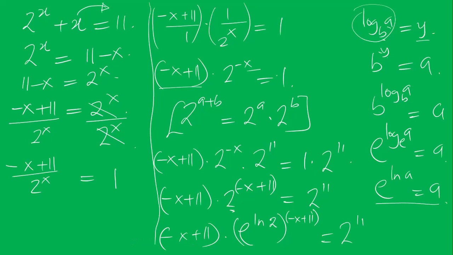So now we have minus x plus 11 times e to the power natural log 2 times minus x plus 11 equal to 2 to the power 11.